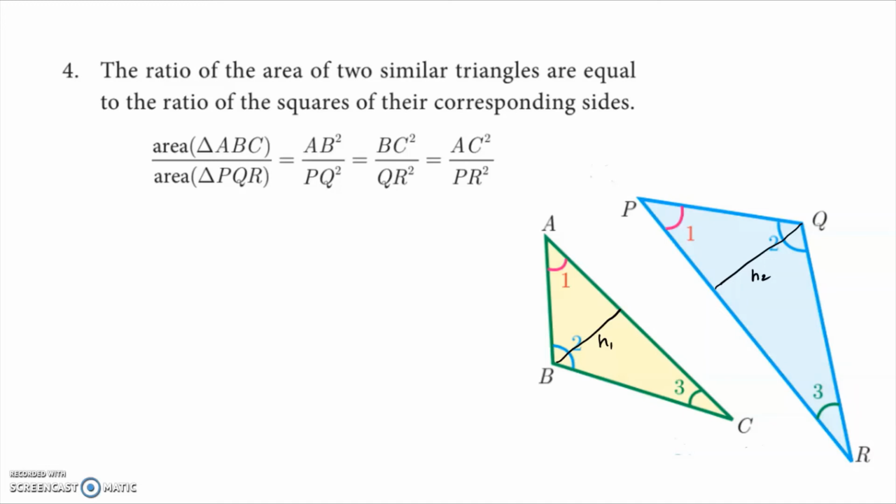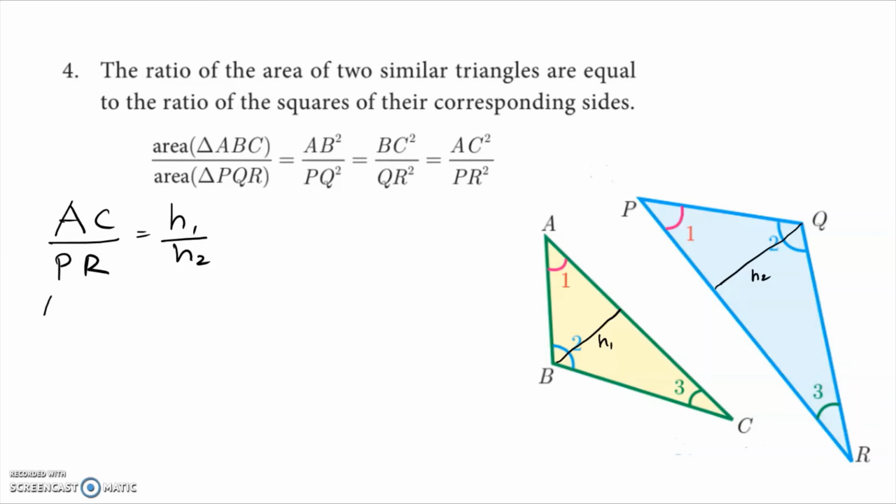We have seen that if two triangles are similar, then the ratio of their sides is equal to the ratio of the altitudes, which means if I take AC over PR, it's equal to H1 over H2.